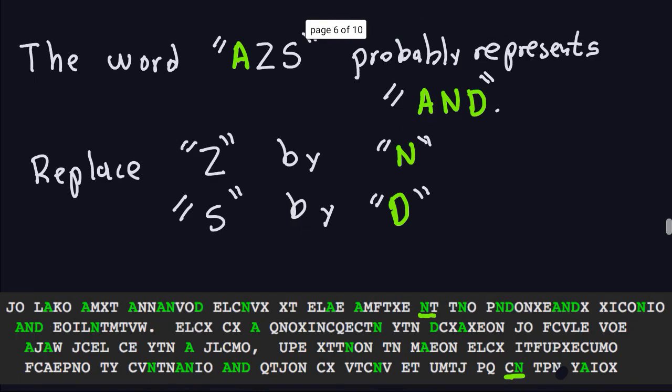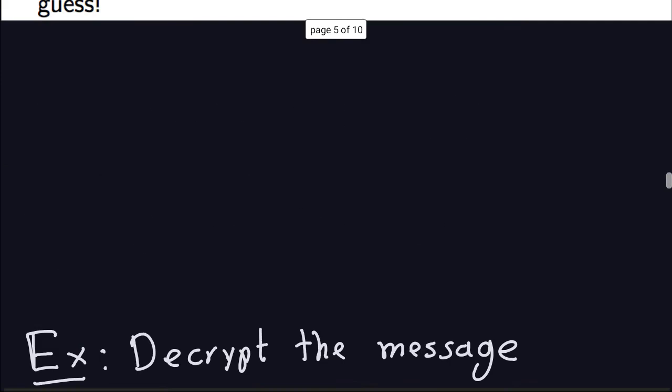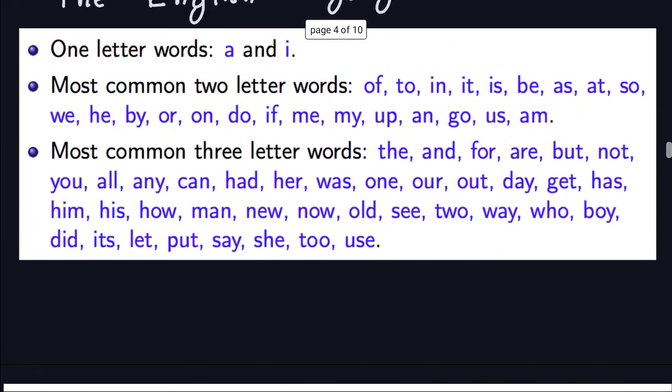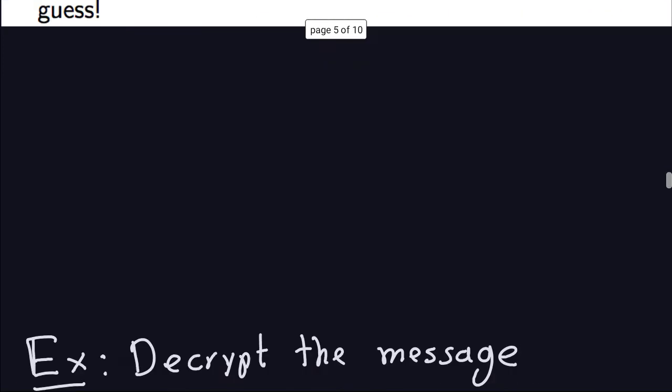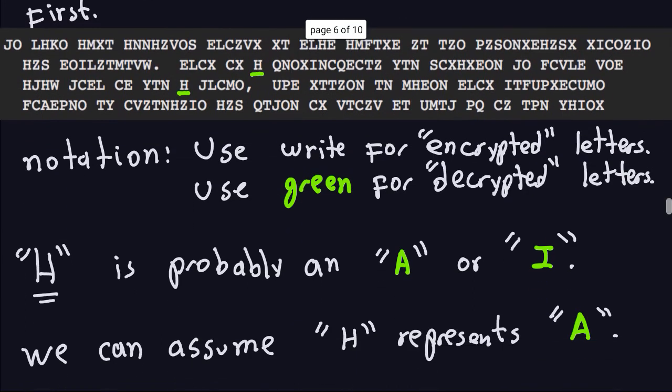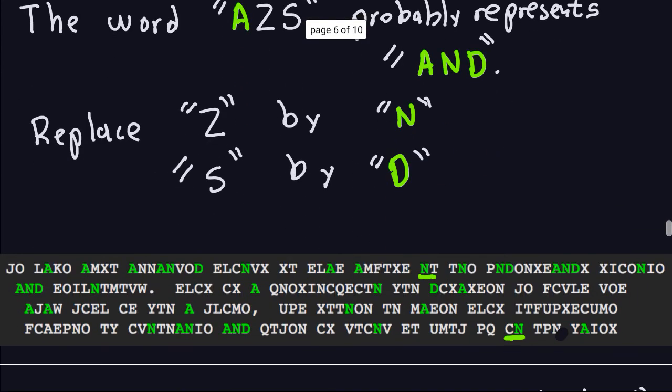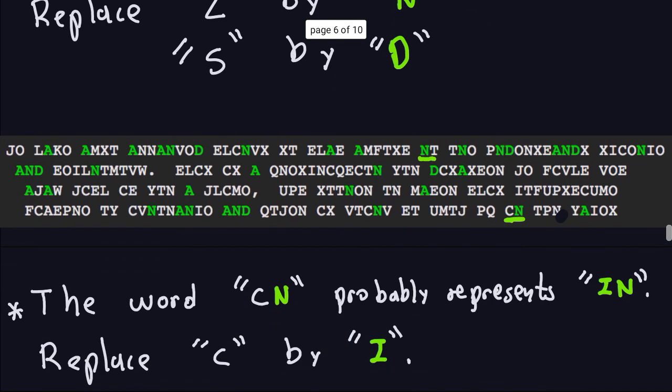So let me scroll all the way up and look at the two-letter words here. Of the two-letter words that end with N, in is the most common. So what that means is the following. I'm going to scroll back down here until I get here. So a two-letter word that ends in N is probably in. So that's why we can make the assumption that this word CN will represent the word in.